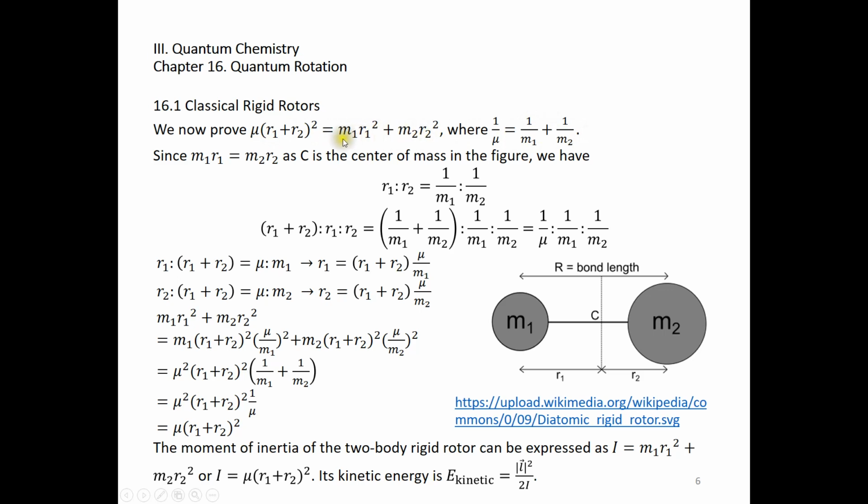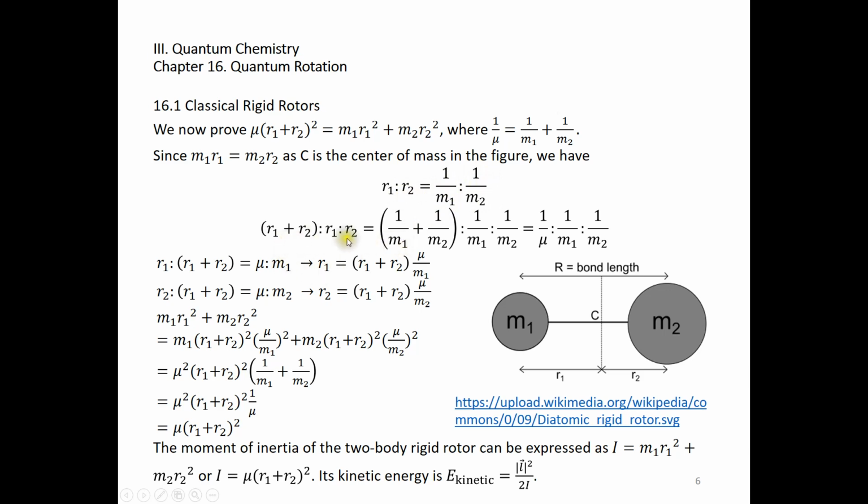Again, these two expressions are both the moment of inertia of this two-body, two-dimensional rotating system. Again, m1 r1 equals m2 r2. Therefore, the ratio between r1 and r2 is the ratio between 1 over m1 and 1 over m2.